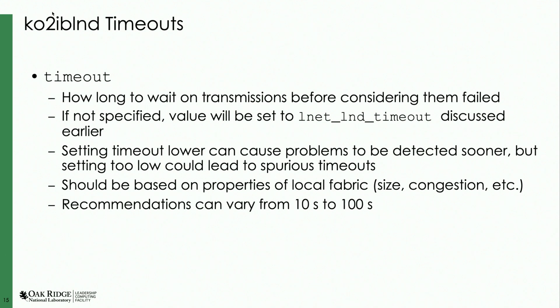Set it low enough to detect those, but high enough that you're not hit just because a user job submitted a few too many requests and caused a little congestion on your fabric. Recommendations for this are widely varied. It's hard for me to give a specific value because it varies by the fabric. If you search online, you'll see recommendations that vary anywhere from 10 seconds to 100 seconds.